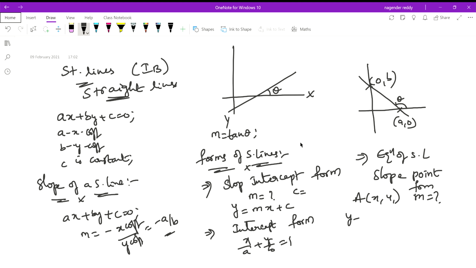That is y minus y1 is equal to m into x minus x1, where m is the slope given in the question, and x1 comma y1 is a point. That means the line passes through the point x1 comma y1 and has slope m on the x-axis, which will be given.